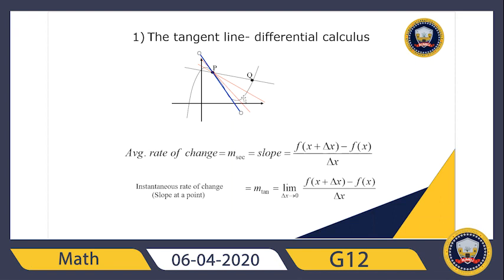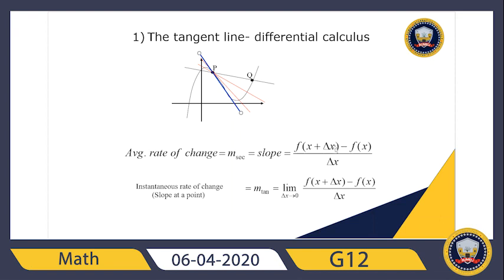It is as if I'm taking another point exactly next to the point P, instead of having Q in this place, and the distance between P and this point is delta x.